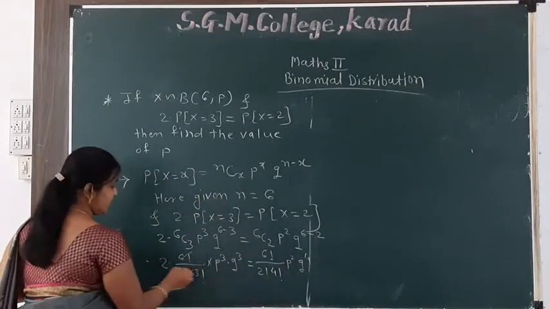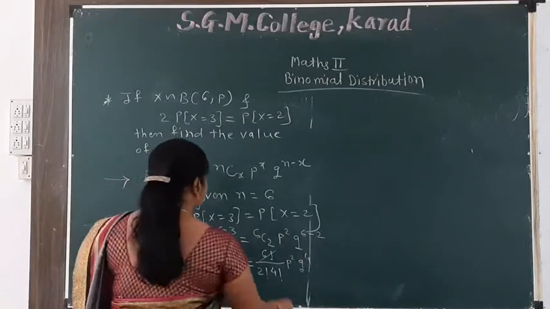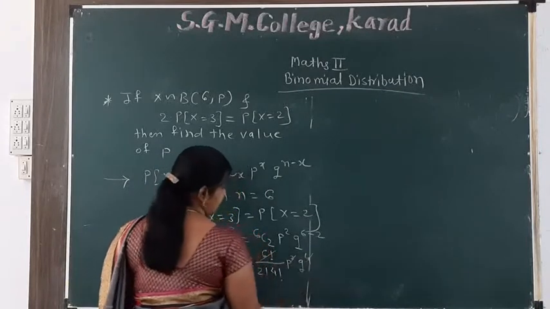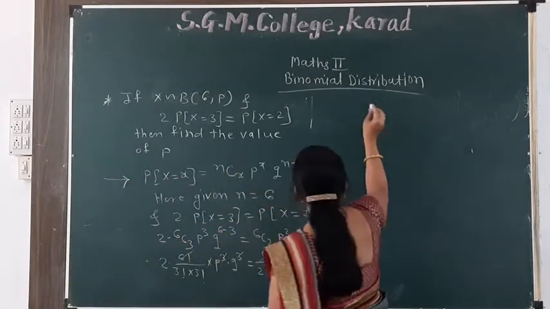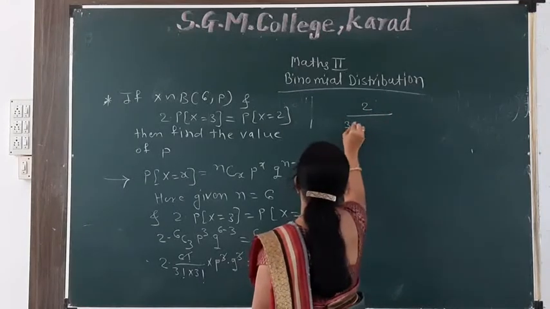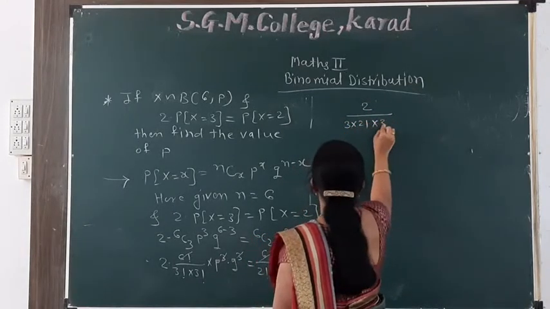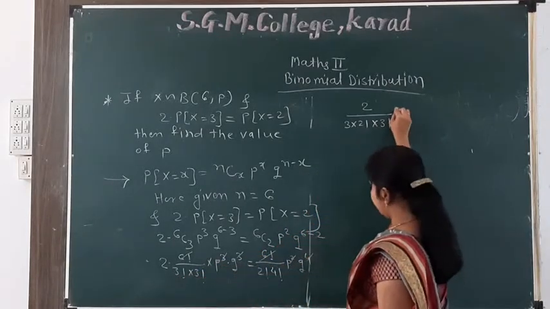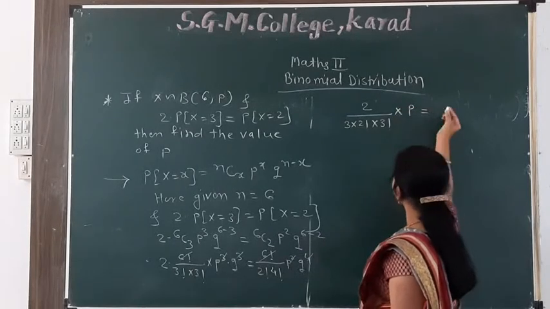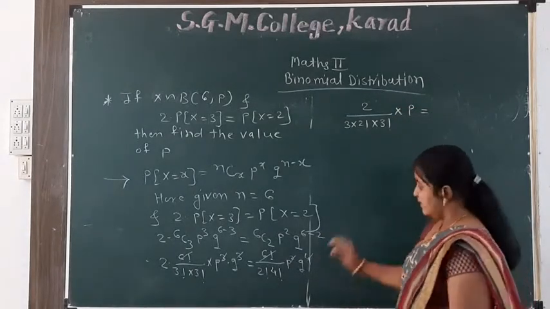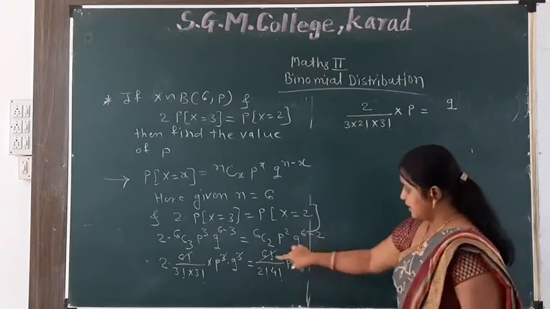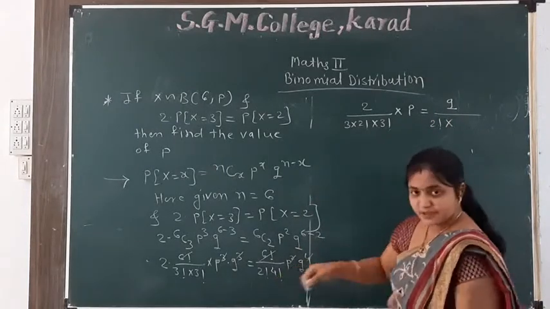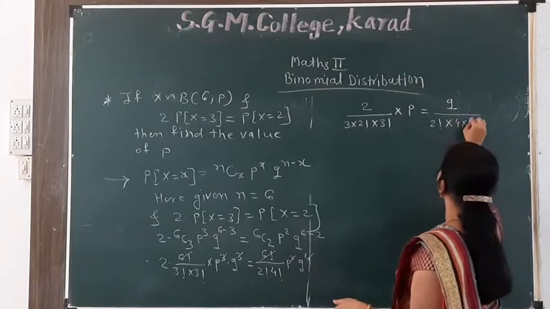Now simplify. 6 factorial cancels out. Again p squared cancels with p cubed, leaving p. q cubed cancels with q raised to 4, leaving q. On the LHS the remaining term is 2 divided by 3 multiplied by 2 factorial, with p in the numerator. On the RHS, the remaining term is q in the numerator, and in the denominator the 2 factorial stays as it is and 4 factorial reduces to 4 multiplied by 3 factorial.